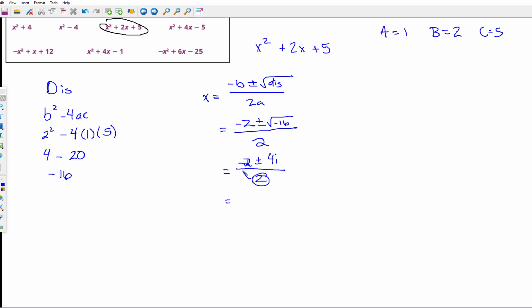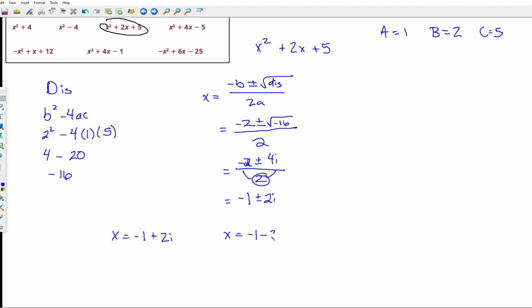And then we divide both of them by that. And so we have negative 2 divided by 2, which is negative 1, plus or minus 4i divided by 2, which is 2i.